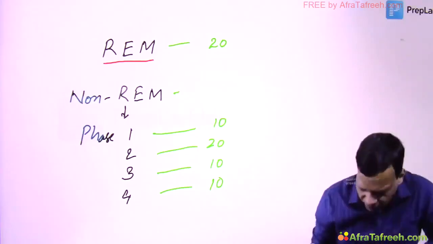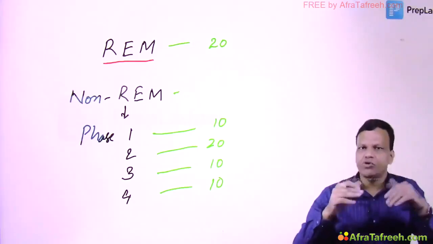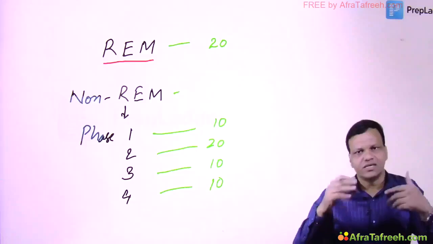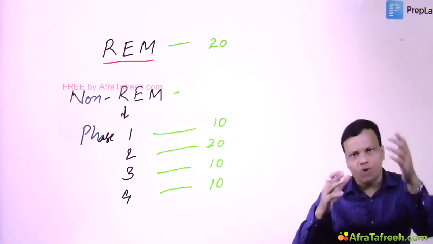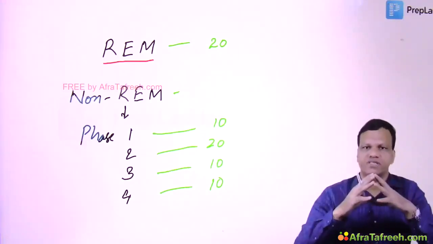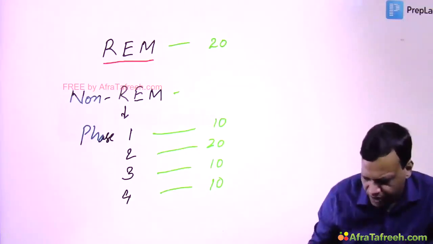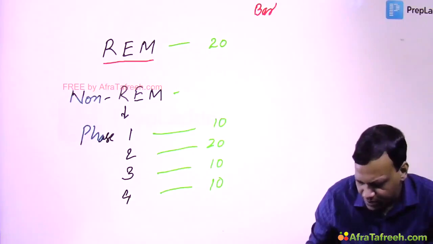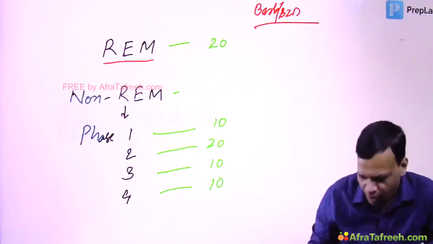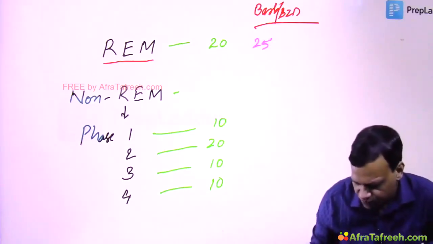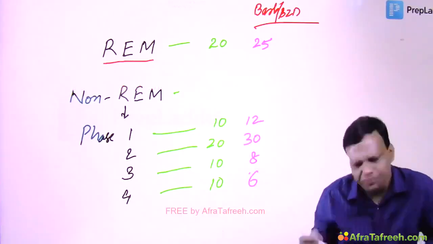Okay. Now when we give barbiturates or benzodiazepines, they increase sleep duration. But the problem is they do not increase all the phases proportionately. Some phases will be increased more, some will be increased less. Like after giving barbiturates or benzodiazepines, mostly we use benzodiazepines nowadays, suppose the sleep duration now becomes, this is for 25 minutes, this is for 12 minutes, this is for 30 minutes, this is for 8 minutes, this is for 6 minutes, hypothetically assuming.